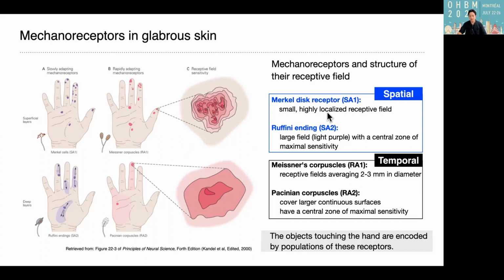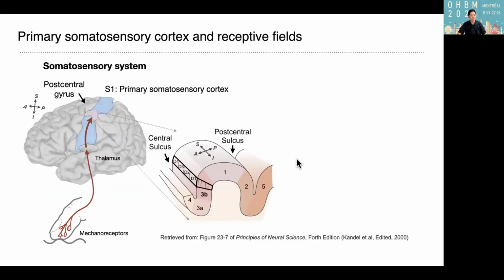The second one is named rapidly adapting receptors, RA, which are sensitive to the temporal features. Both SA and RA receptors will be active at the same time to encode the information which contributes to our tactile perception.